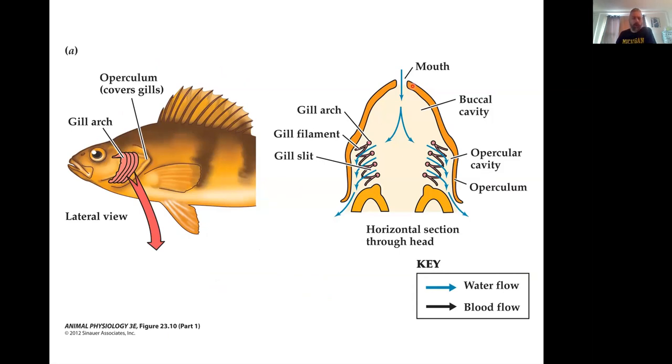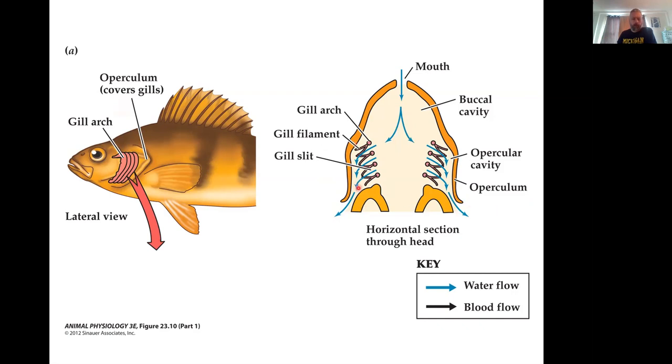So we have a mouth cavity here called the buccal cavity. And then behind that, we have the opercular cavity, which is defined by this little flap here called an operculum, which covers their gills. And the idea here is that we're going to bring water in through the mouth and pump it across the gills.